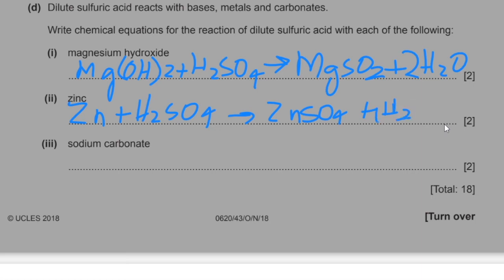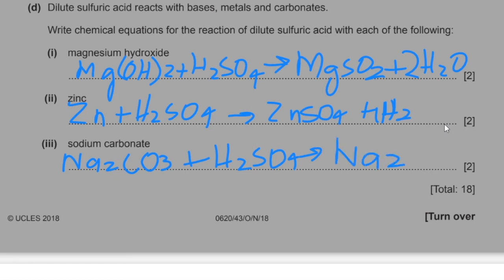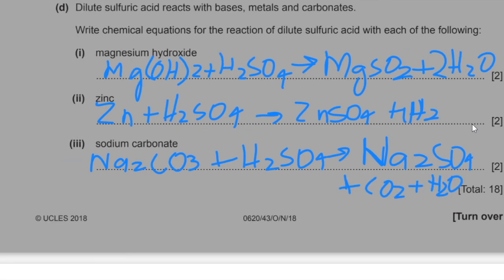And then finally you have a carbonate. This would form a salt, carbon dioxide, and water, starting with the salt, which would be sodium sulfate. Okay, so the formula of sodium sulfate. Sodium has a charge of +1.